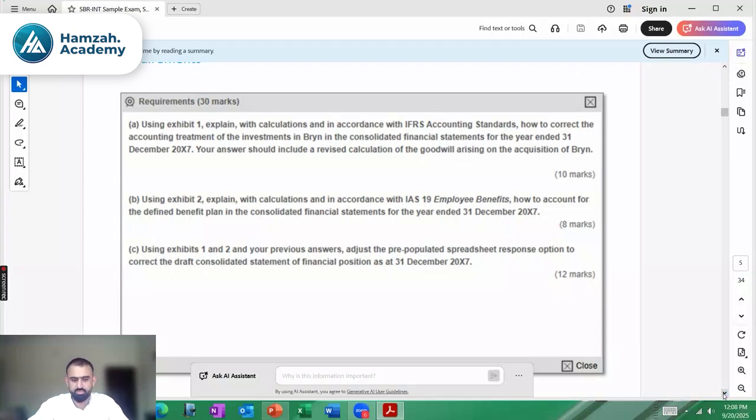So the first requirement is, as you know, we have exhibits. In the question, we have three exhibits: exhibit 1, exhibit 2, and exhibit 3.